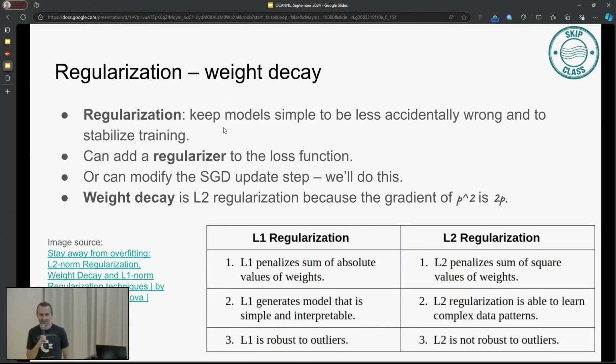So regularization is the component of the loss, abstractly speaking, which tries to keep a model simple, and that will mean it's less accidentally wrong.